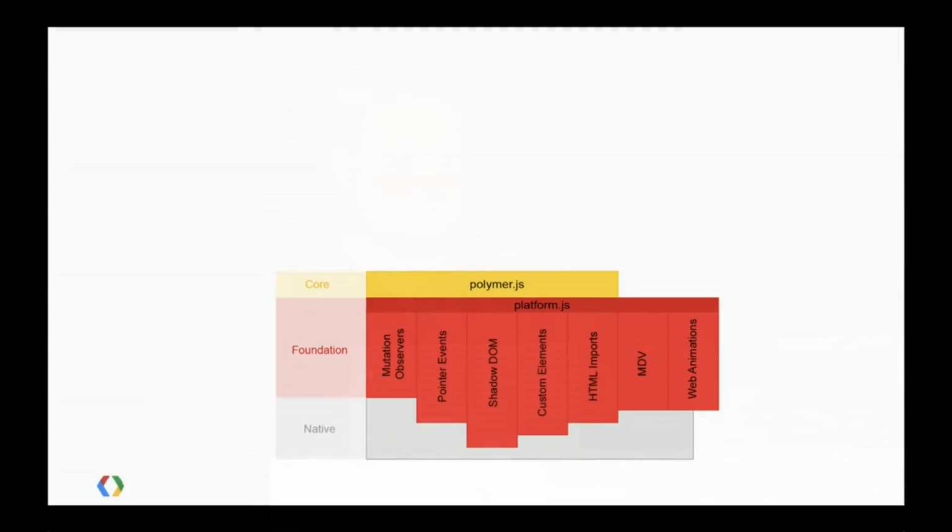And it's also where we express our opinion on top of that. Unlike the layer below it, which will disappear over time, this layer will continue to exist because it's not part of any spec. It's our opinion on how to use these things productively together. Although, hopefully, if these kinds of patterns become popular and other libraries use them too, maybe this is something that could be specified in a web standard in the future, maybe.